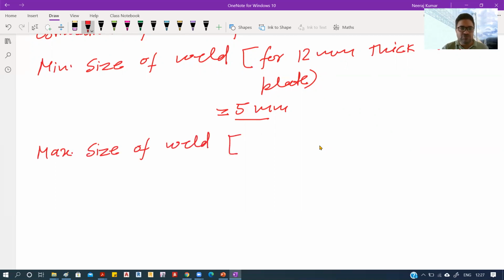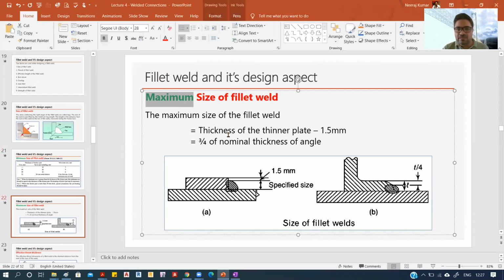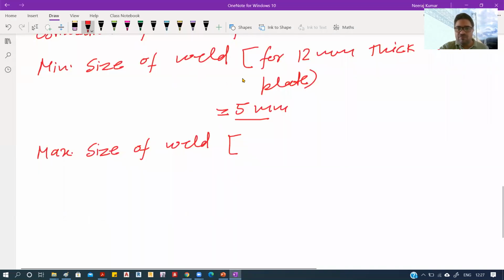Maximum allowable size of weld. For this, we will again go to the lecture and here you see maximum size of weld. It says thickness of thinner plate minus 1.5. Now in the first case we checked the thickness of the thicker plate.